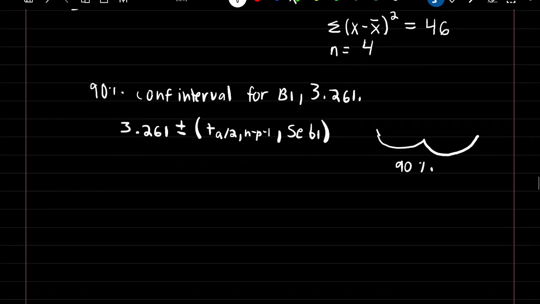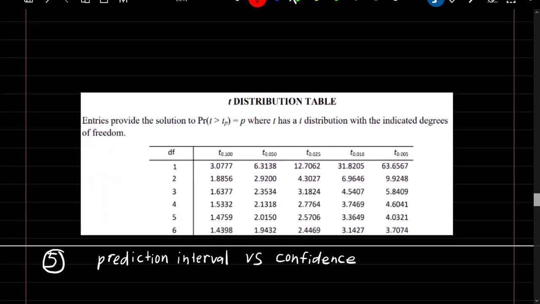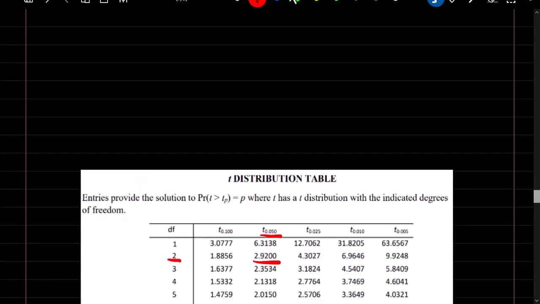So if we use our t-table, we're using 90% confidence, so our alpha is 0.1 divided by 2, so we get 0.05, and n minus p minus 1 degrees of freedom, so 2. So 0.05 and 2, and we get a t-value of 2.92.